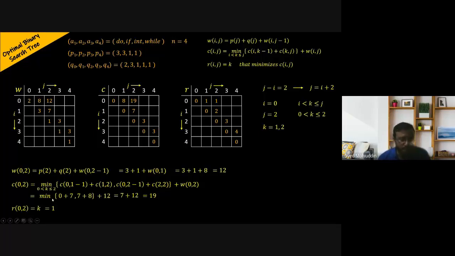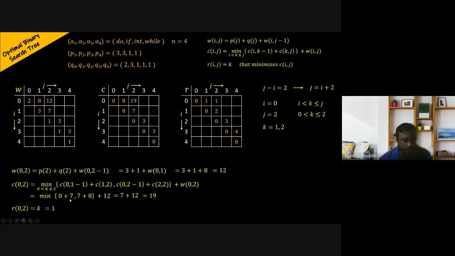Among them we get the minimum of 0 plus 7, and 7 plus 8. Obviously the minimum of these two is 0 plus 7, which is 7, and we got it for k equal to 1, and its cost is 19. So we fill up (0, 2) for cost as 19, and for k equal to 1 we got this minimum value, so the root of (0, 2) will be 1.